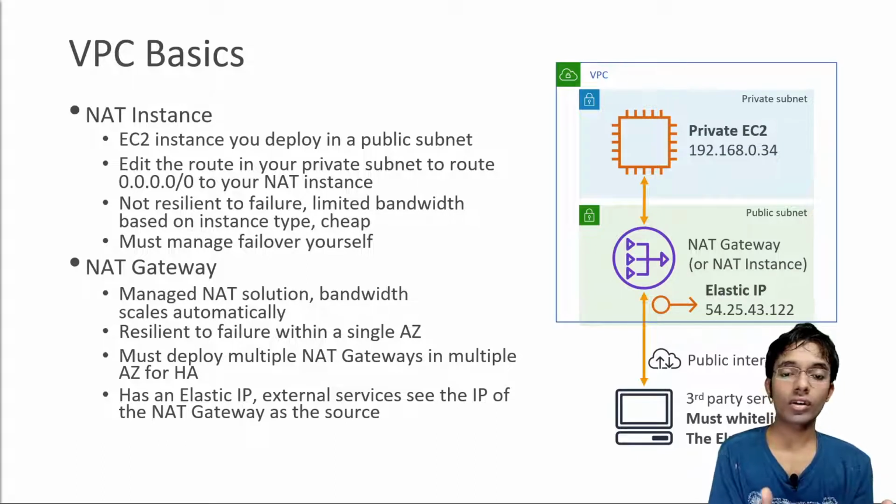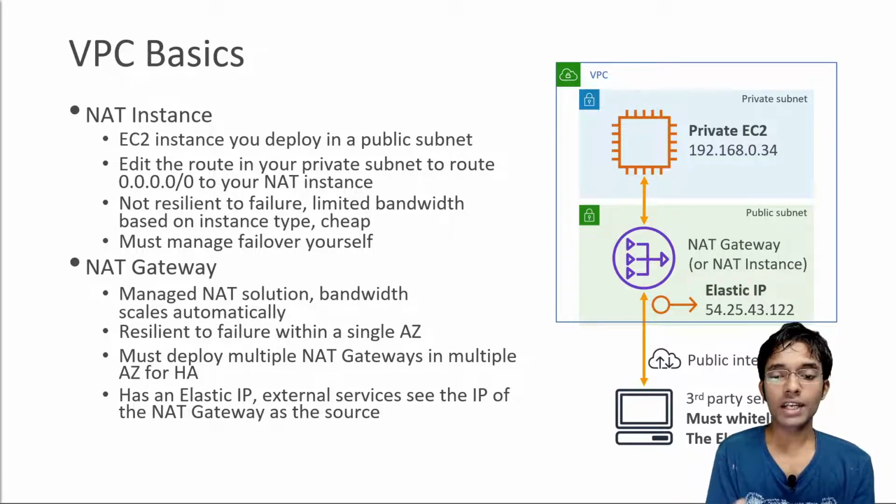It's not resilient to failure in such a case, and you have limited bandwidth based on the EC2 instance type you have chosen, but it's going to be a cheaper service. So in case your NAT instance fails, you need to manage failover yourself, and that could be quite complicated to set up. The alternative is to use a NAT gateway.